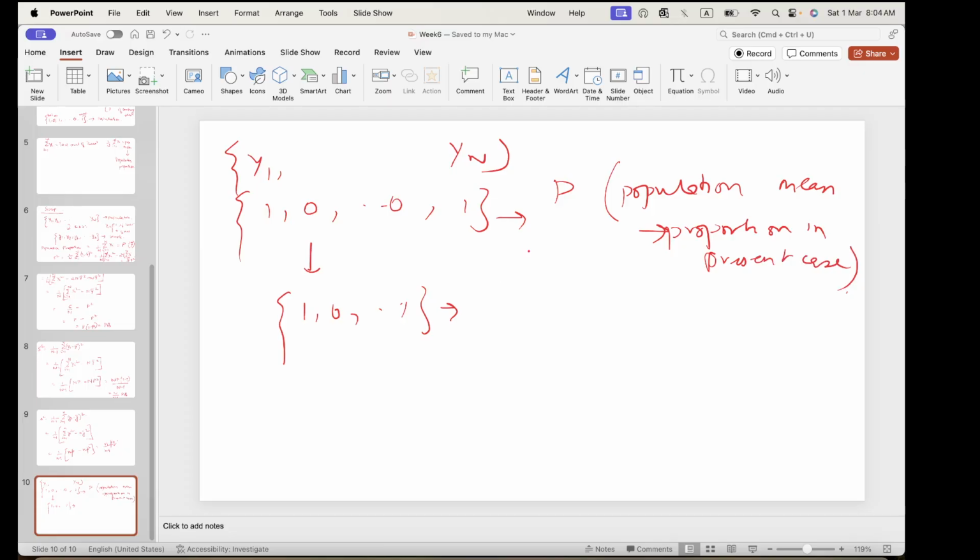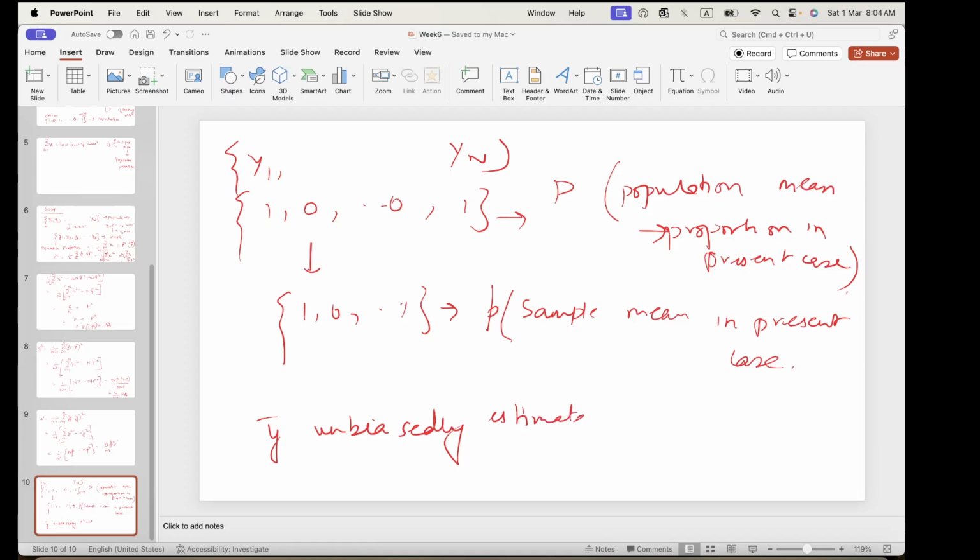And here we have the small p, which is the sample mean in the present case. So we have seen that y bar unbiasedly estimates capital Y bar, for SRS we have seen this.